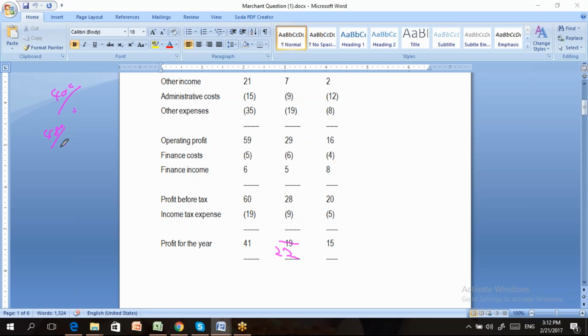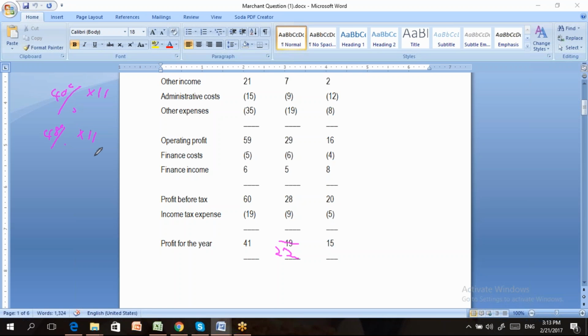The 22 is the total profit, and we assume it is earned equally, so 11 million for the first 6 months and 11 million for the second 6 months.